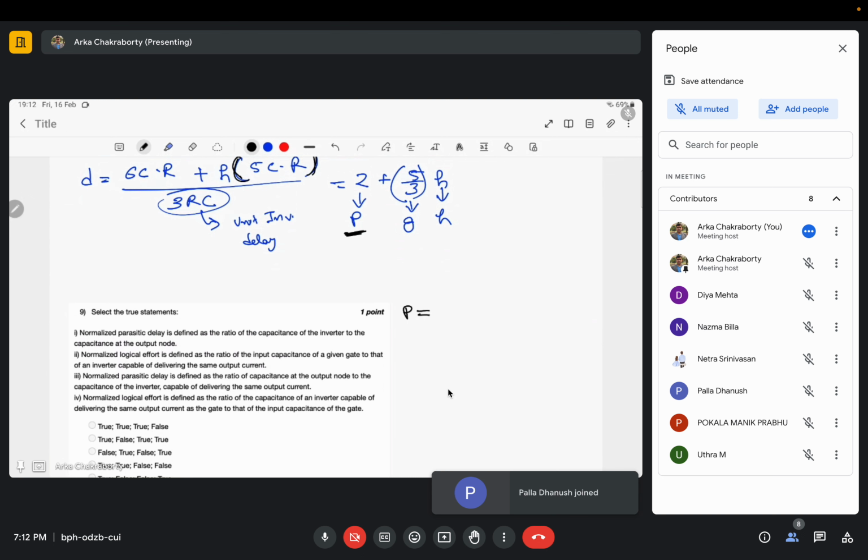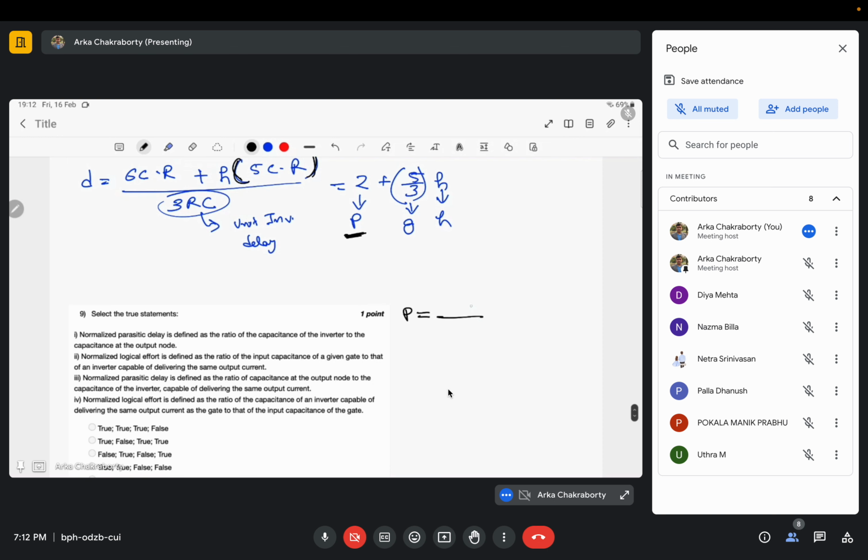Okay, so what is P? P is basically the ratio of the output capacitance, the capacitance that we are getting at the output node, by the capacitance of the unit inverter, 3C.